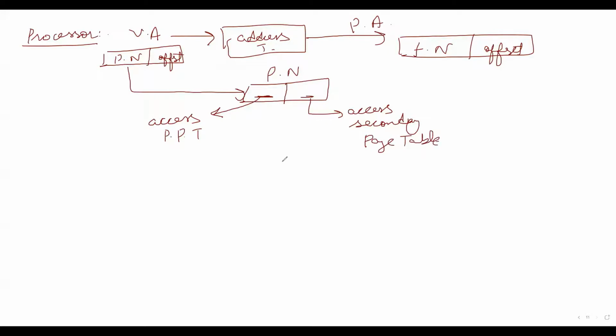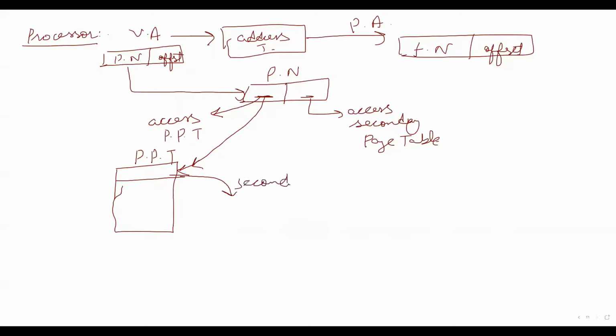Okay. So now from this, we will first access the primary page table. So this is our primary page table. Let's suppose it points here, and this gives us the secondary page table. Because there are n number of secondary page tables, it will give us one secondary page table. Let's suppose it is saying choose this secondary page table, this one.